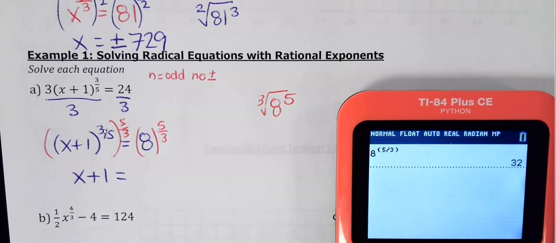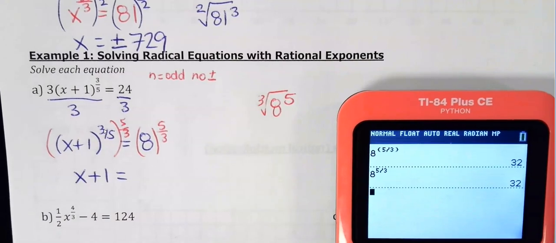If you can see it in the exponent, I didn't need parentheses when I typed that in. I could just use my little caret button, 5 divided by 3. As long as the whole thing you can see in the exponent, then you're good. You don't need parentheses. If you can't see your exponent, you might just need to put parentheses around your fraction.